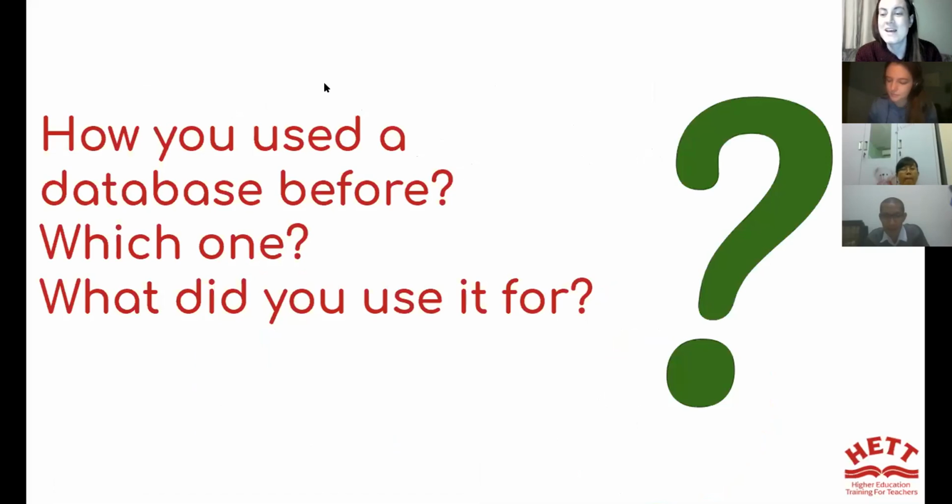Oh, so have you used a database before? Which one and what did you use it for? You can either tell me or type it in the chat box. Google Scholar, and so many databases like ResearchGate, IEEE, and then Science Direct, Science Nature.